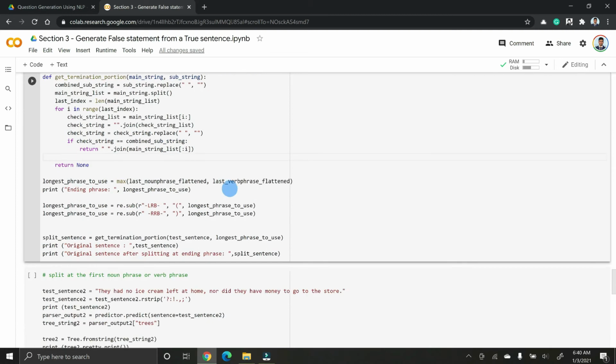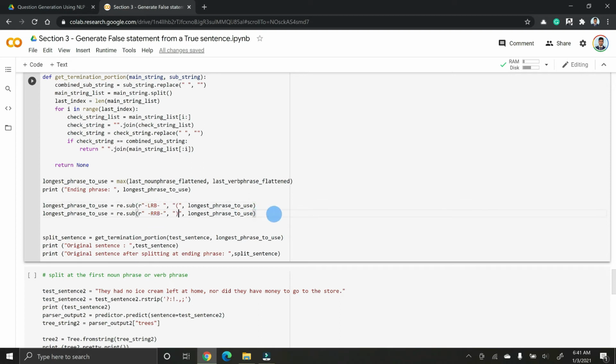So here what we are doing is we are getting the longest phrase that we want to use, which is the verb phrase here. And one thing to note is that in our tree function, if we have angle brackets like these in the string, then we are not actually going to get back those angle brackets as they are, but we get back their notation like -LRB- and -RRB- for right angle bracket.